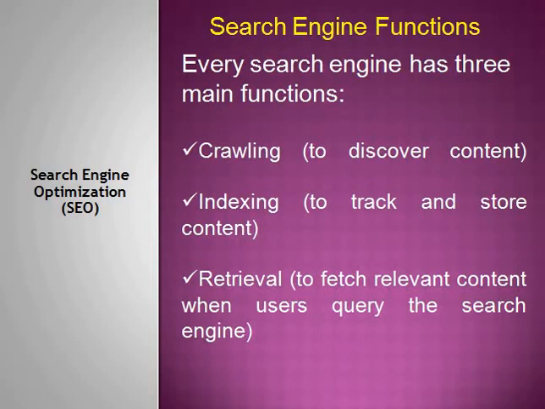This is how all the search engines work. The first and second functions, crawling and indexing, are done in the same way by all search engines, but the function of retrieval is done differently by every search engine, with the different algorithm they have.